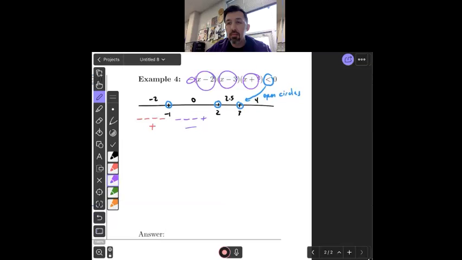Then I plug in 2.5. So start off with that initial negative. 2.5 minus 2, that's positive. 2.5 minus 3 would be negative. 2.5 plus 1 would be positive. So 2 positives, 2 negatives, that would be positive.